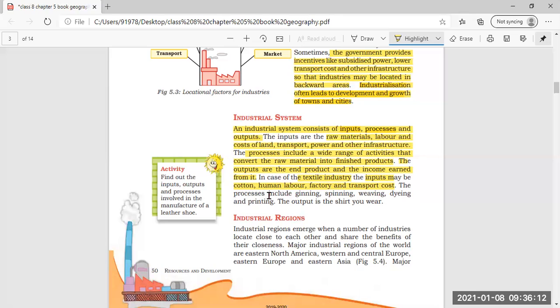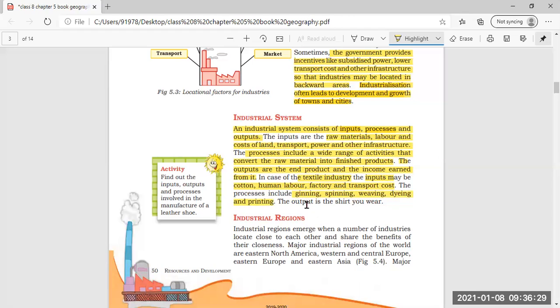Then for the processing for making up of the final product, the stages are ginning, spinning, weaving, dyeing, and printing. These are the stages through which the raw product in a textile industry will pass.